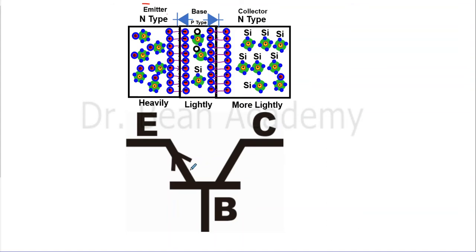But of course, we won't be able to see the internal structure and what is going on. I have already discussed it in detail. So now you understand the operation, whether they are heavily doped, lightly doped, whatever. But now we will focus on the general operation of the transistor, how the current flows, and we get amplification. That's it. Because the reasons are hidden behind the structure of the transistor.